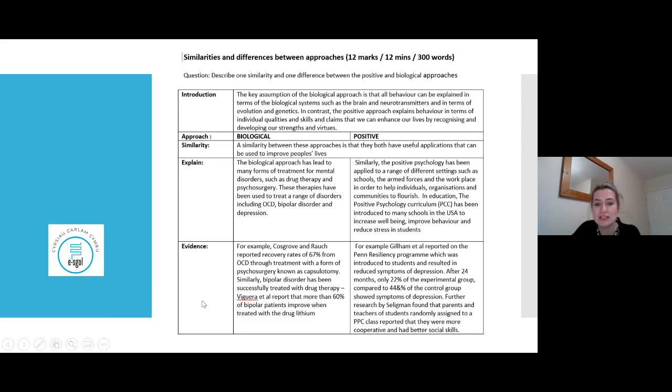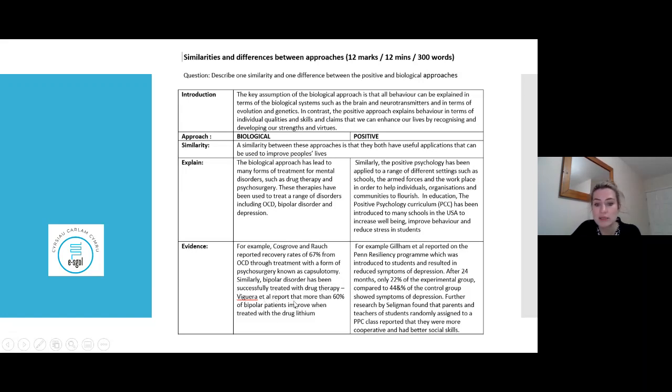Then a little bit of evidence, and this is where your nice little bit of psychology comes in. So they've got a bit of research here. For example, Cosgrove and Rauch reported recovery rates of 67% of OCD through treatment with a form of psychosurgery, or bipolar has been successfully treated with drug therapy.